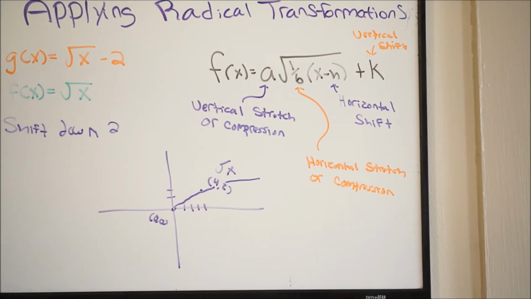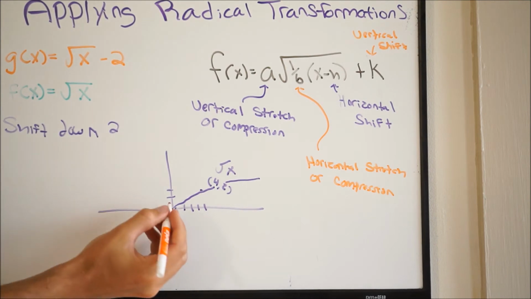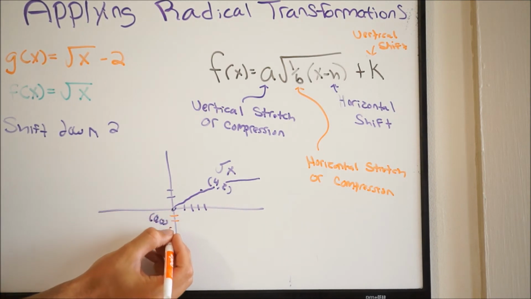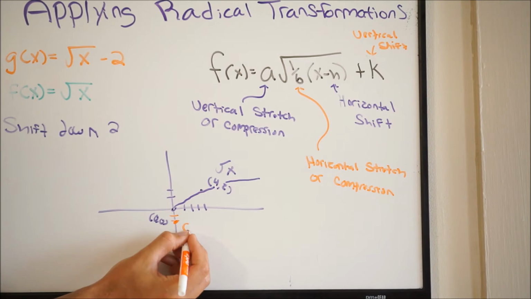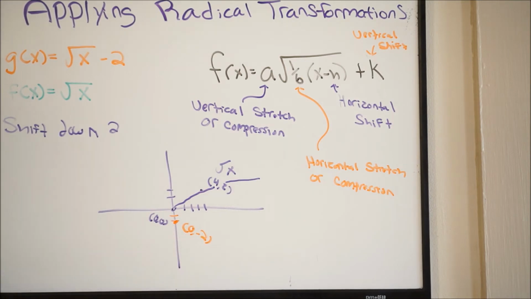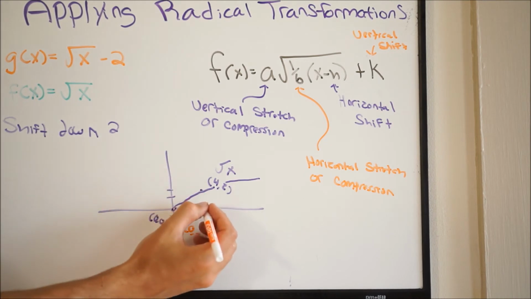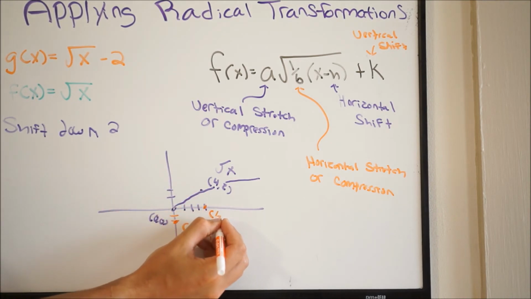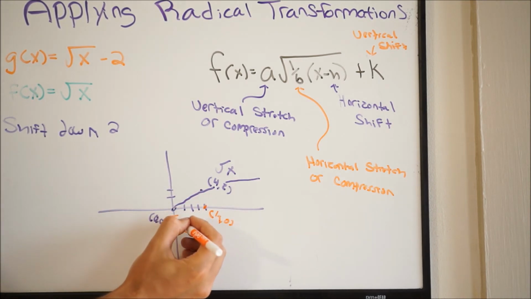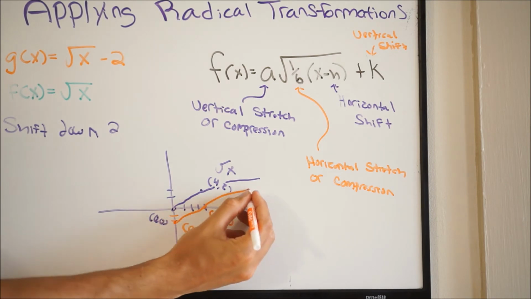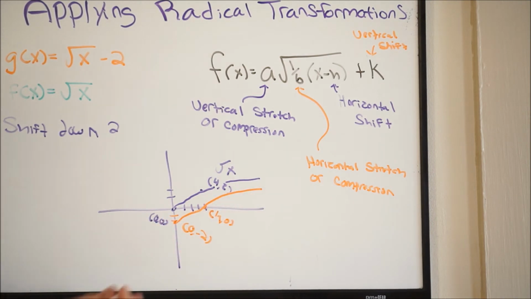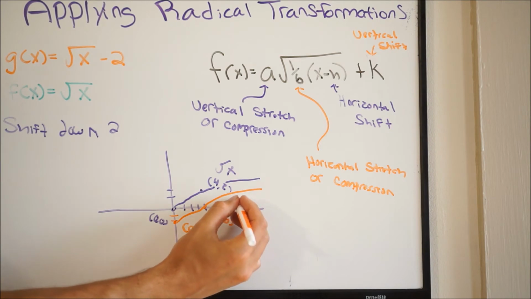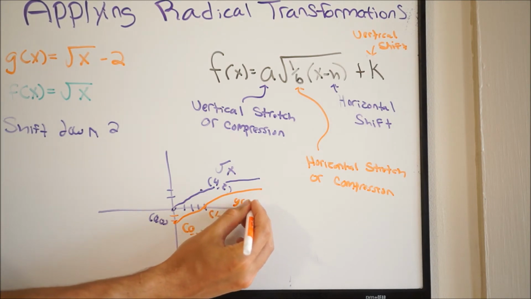If this is 0, 0 and it's being shifted down 2, I'll have a new point at 0, -2. Same thing here. If this is 4, 2, I'll have a new point at 4, 0. And there it is. And again, you can label it as g of x.